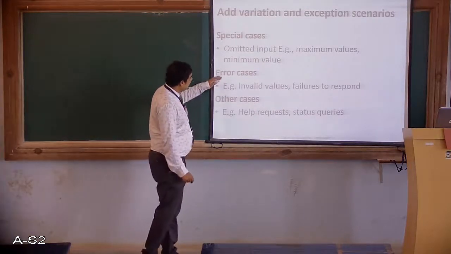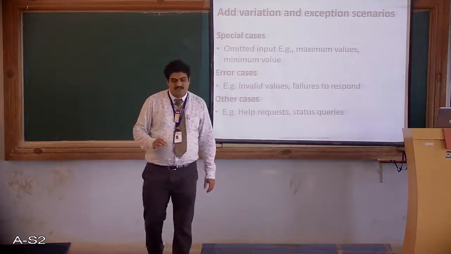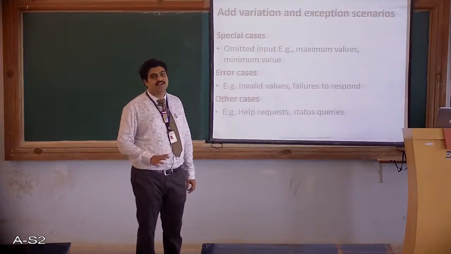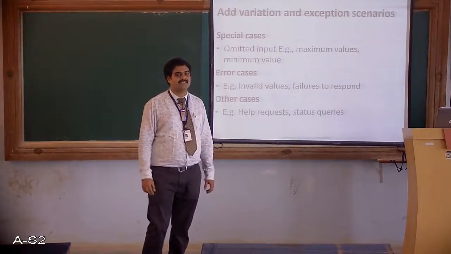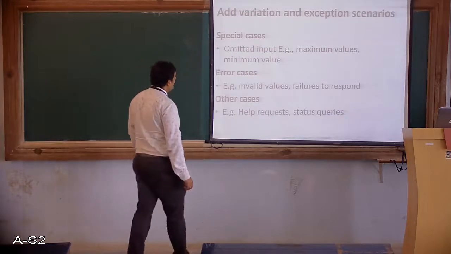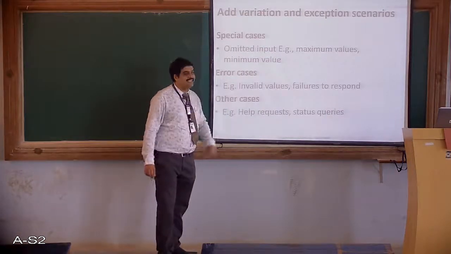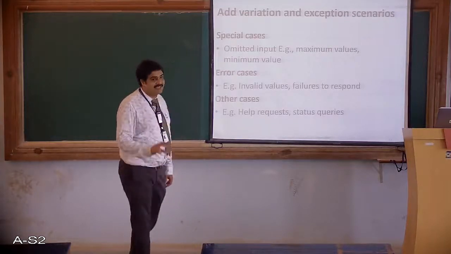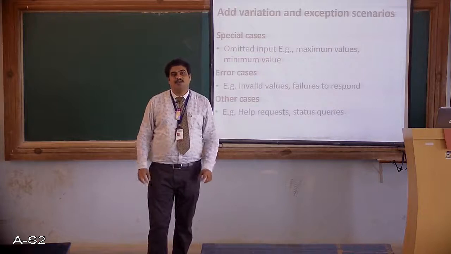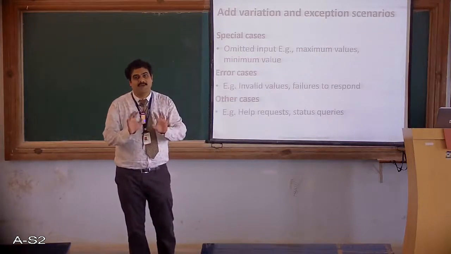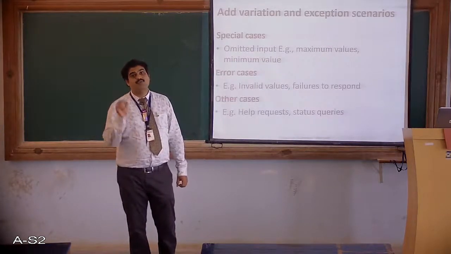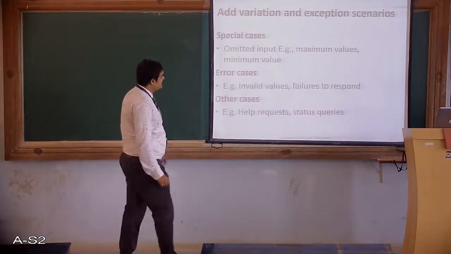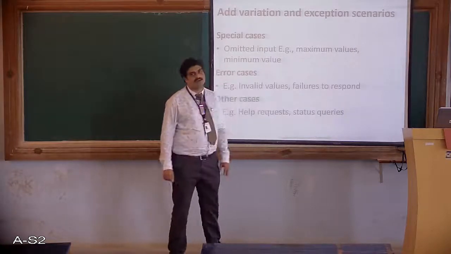Maybe there are error cases, for example for the input pin number only digits are allowed, but someone tries to type a character. There may be an error, or we can consider it as invalid values. Similarly, maybe there is a network failure. While entering your username and password, you may find a network error. How will it be taken care of? That is failure to respond.